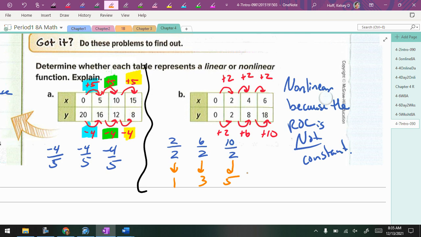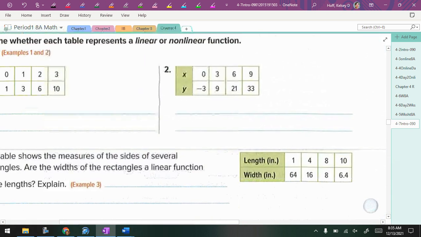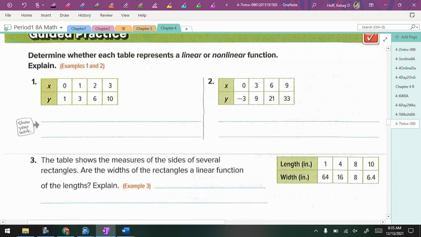Flip to page 330. Why don't you do number 2? Guided practice number 2 right here. You are more than welcome to use a calculator.